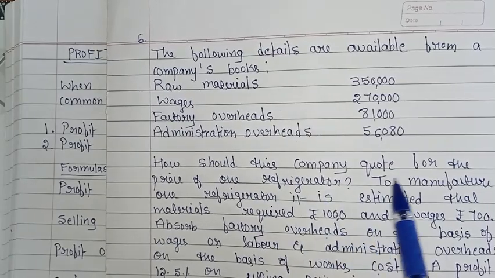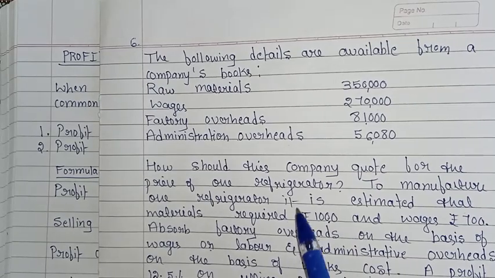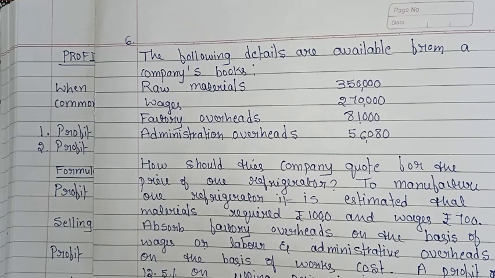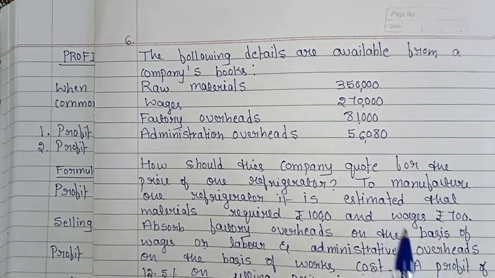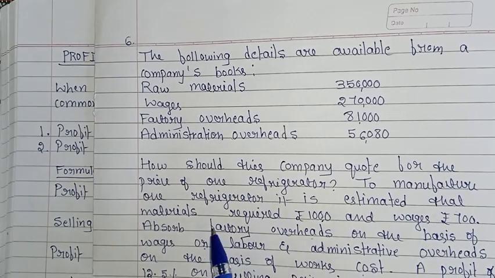How should this company quote for the price of one refrigerator? Here they are asking the price of one refrigerator. So we have to find out the materials, wages, factory overheads and administration overheads for one refrigerator. Here they said to manufacture one refrigerator, it is estimated that materials required are rupees 1000, and wages 700.